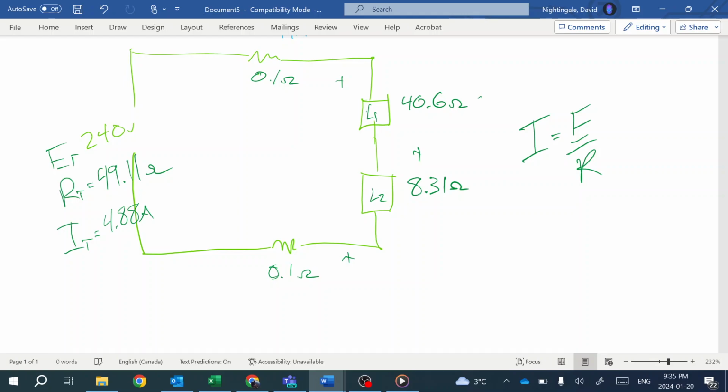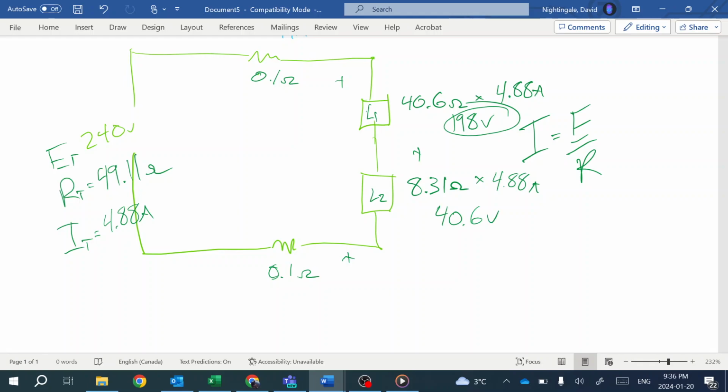So we just multiply our resistances by 4.88 amps, and end up with 198 volts on load 1. And 8.31 times 4.88, we end up with 40.6 volts.